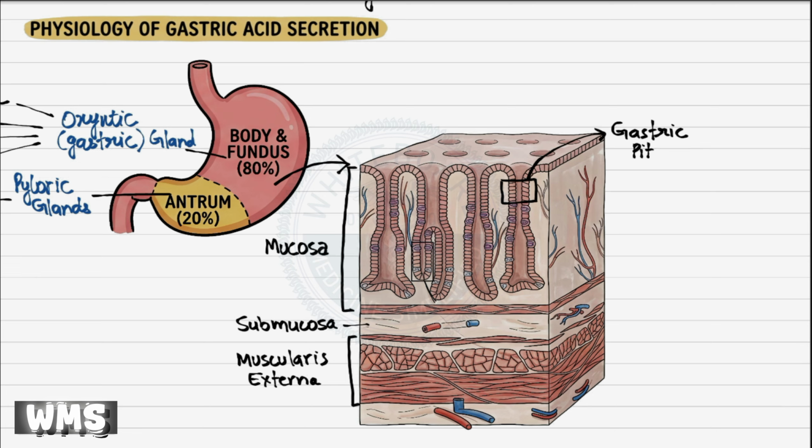And importantly, these pits do not just end there. Rather, they extend deeper down to form long tubular structures known as gastric glands. In other words, the gastric pits act like entry points that lead into these glands.